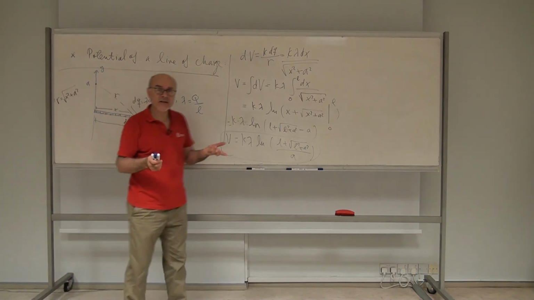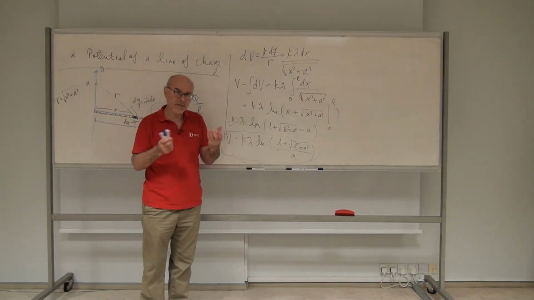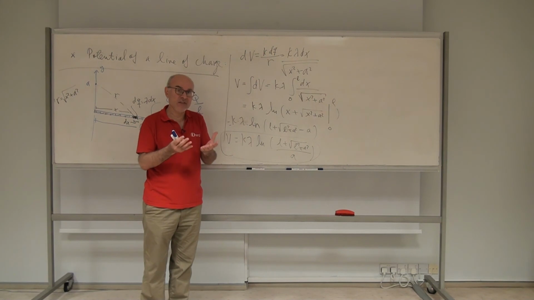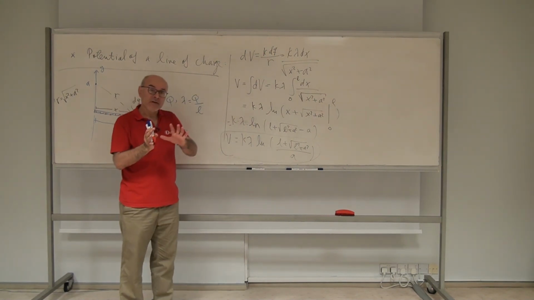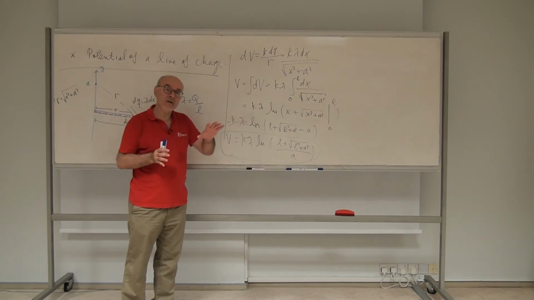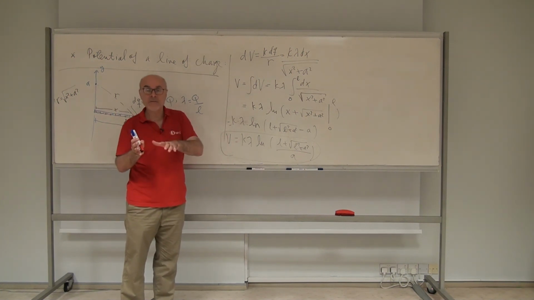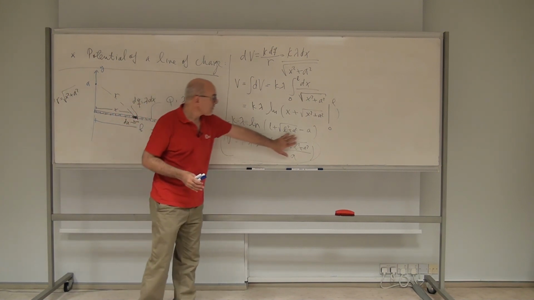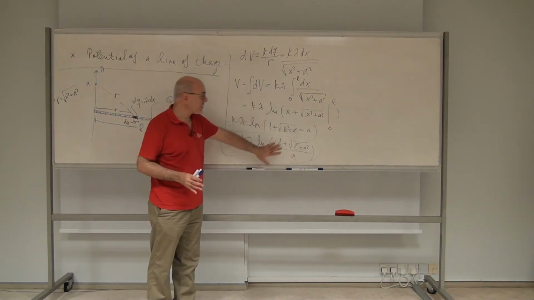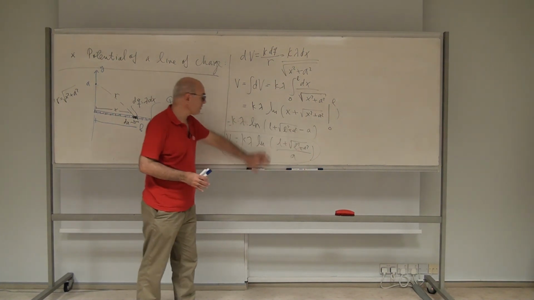Now we can check the limits, the dimensions, the units, to see that we don't have at least a mistake, because having the right units does not mean you have the right answer, but having wrong units means that you definitely have a wrong answer. So the logarithm is dimensionless. There are no units here, but length over length.